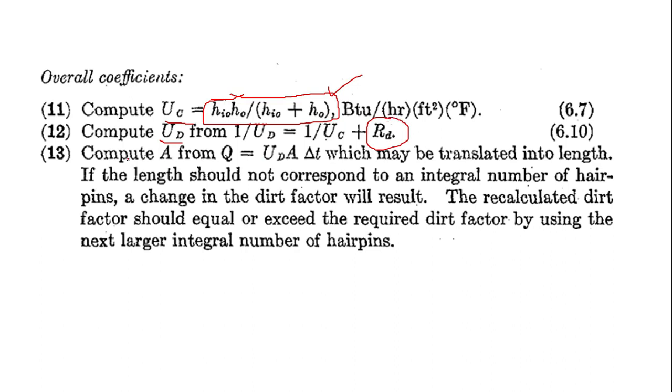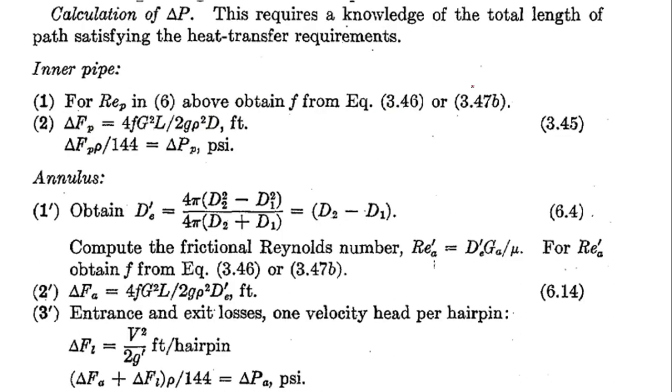And then ultimately you have to compute the surface area, right? I will also explain each and every step again in the design of the double pipe heat exchanger problem. And finally, you will have to determine the pressure drop, right?